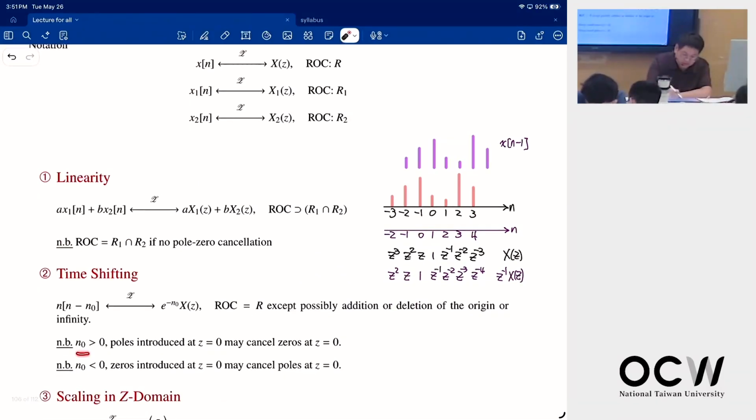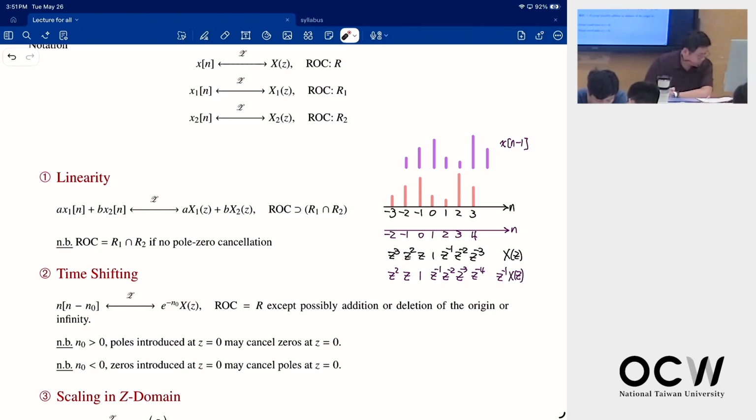So when n naught is greater than 0, I shift to the right. So if I shift to the right, the poles at 0 may cancel zeros at z equals 0.